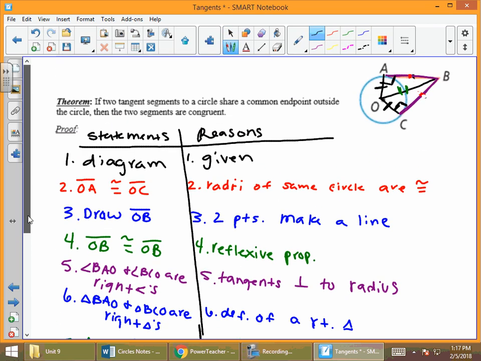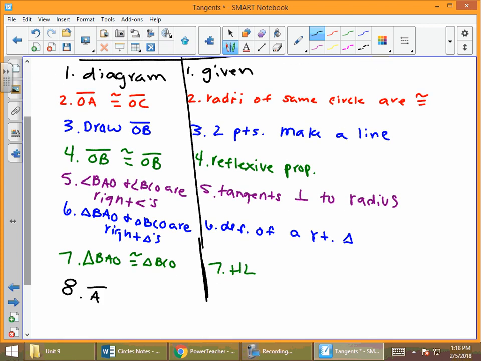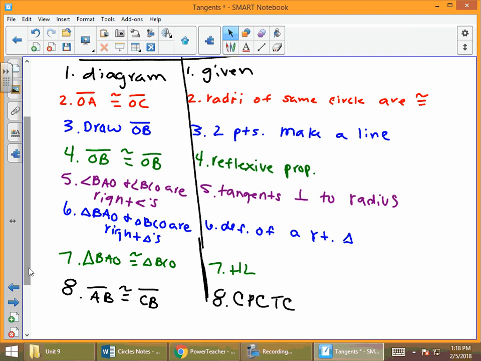We can say that AB is congruent to CB. Those 2 tangents. By what's our reason? Questions over there.